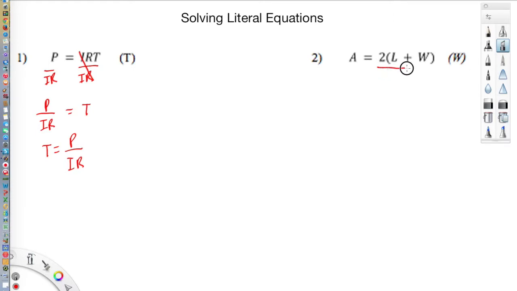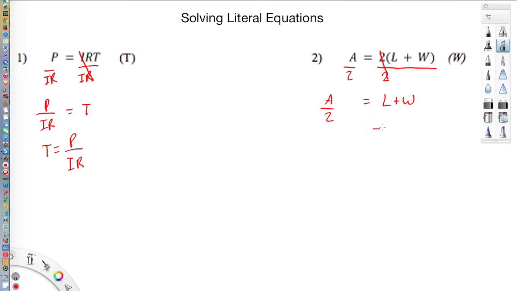This 2 is multiplying the sum in the parentheses here, so I'm going to divide this whole thing by 2. And what I do to one side of the equation, I must do to the other. So that gets rid of the 2, and I'm left with length plus width is equal to area divided by 2. W is almost by itself, but it's being added to L. So what's the opposite of adding L to W?